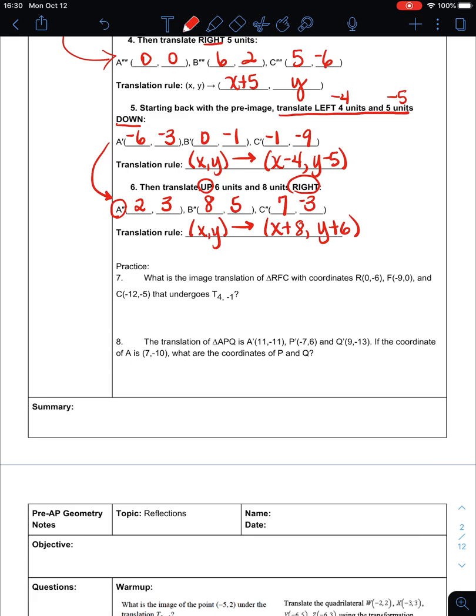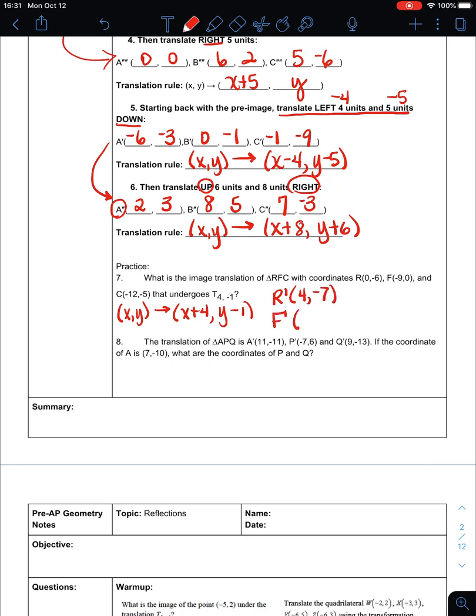So what is the image translation of triangle RFC with coordinates (0, -6), (-9, 0), and (-12, -5) that undergoes a translation, that's what that T means, of <4, -1>? Now we can rewrite that as this rule, (x, y) becomes x plus 4 and y minus 1. So that's another way that you can look at the rule. If we go back to our pre-image and we undergo this translation, then R prime will be at 0 plus 4, which is 4, and -6 minus 1, which is -7.